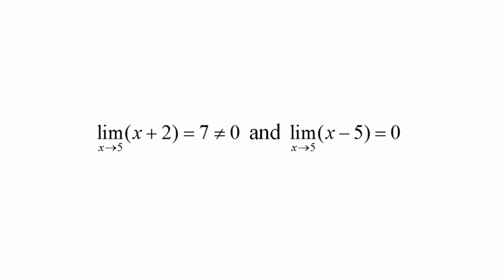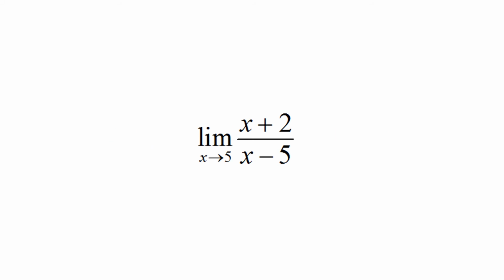However, the limit of x plus 2 as x approaches 5 is 7, not equal to 0, and the limit of x minus 5 as x approaches 5 is 0. So, by the discussion in case 1, it follows that the limit of (x plus 2) upon (x minus 5) as x approaches 5 does not exist.